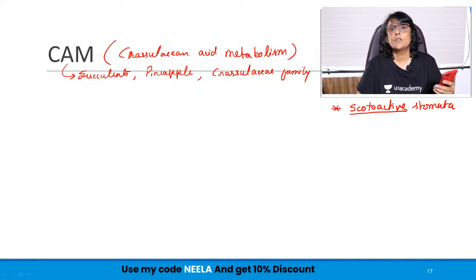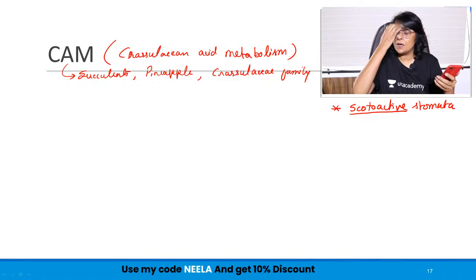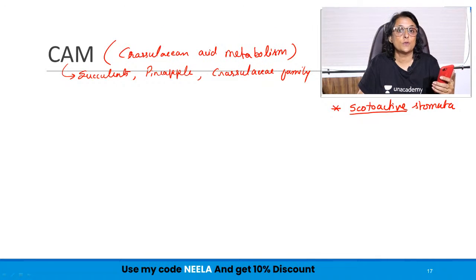Because in between I keep giving questions, there is homework, and by the end of the chapter there are always some multiple choice questions. Today also when I shared the schedule, I told everybody that once we finish photosynthesis, we are going to have a quiz. And obviously we take multiple choice questions. So the purpose of asking questions in between is whether everything is clear to everyone or not.